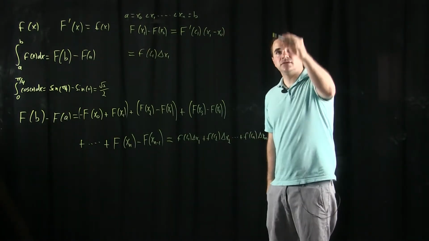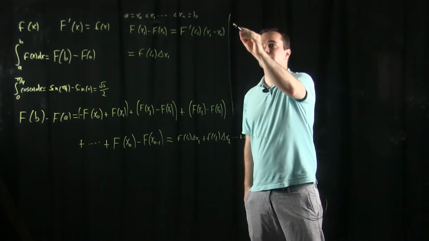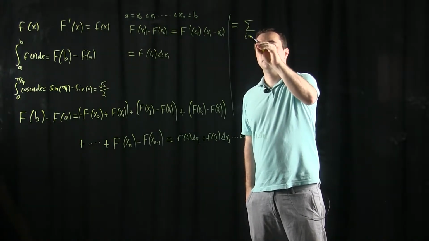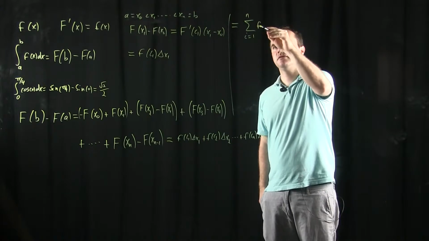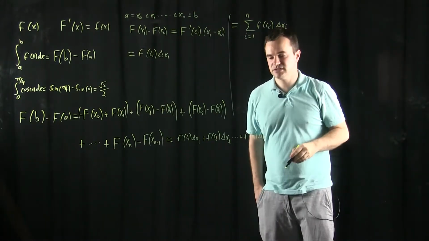And I'll come back and write this in summation notation. In summation notation, this is equal to the sum, i goes from 1 to n, of f of ci delta xi. It's a nice, compact way to write it.